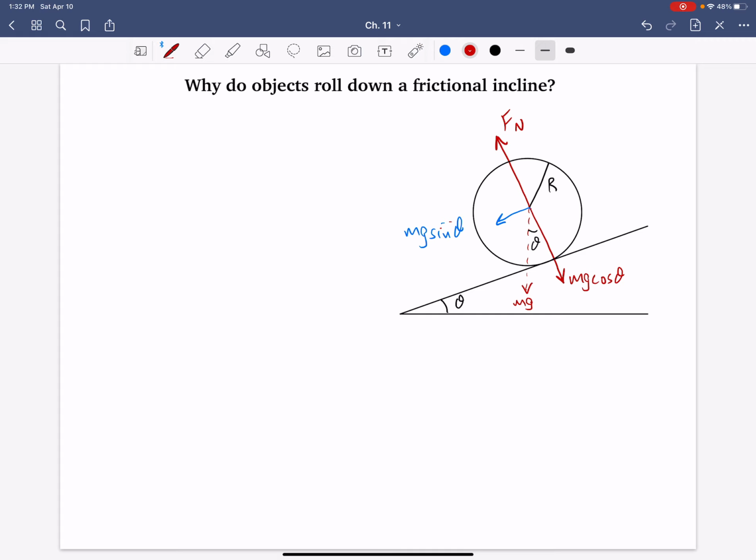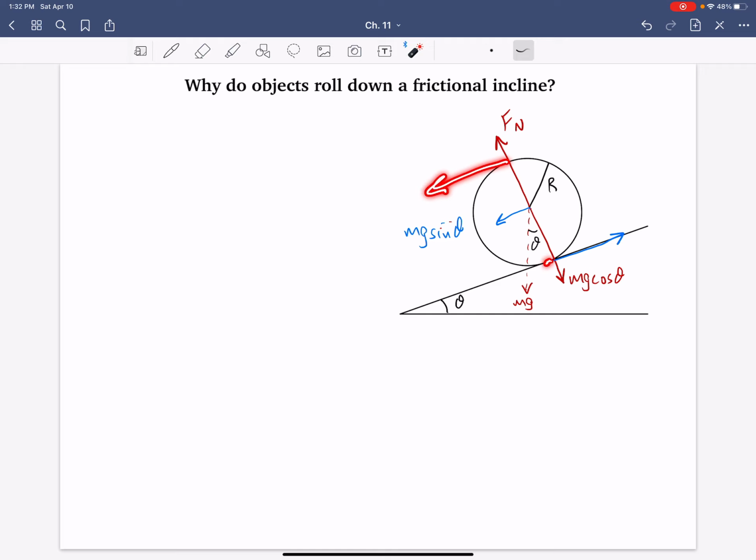So there's a static frictional force at the point of contact, making it roll in the reference frame of the ball. If you ignore the incline and just look at the ball, you'll see that the point up here is moving this direction. The point here is actually 0, but it would move this way.